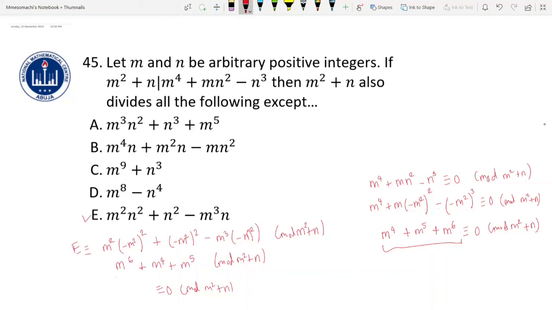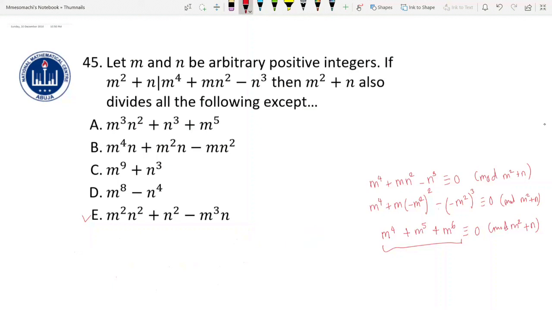Okay, so let's go to F. So you can pause the video and look at the algebraic operations. So I'll just erase this quickly. Okay, so D is congruent to m to the 8th power minus, so I'll just put negative m squared there to the 4th power.